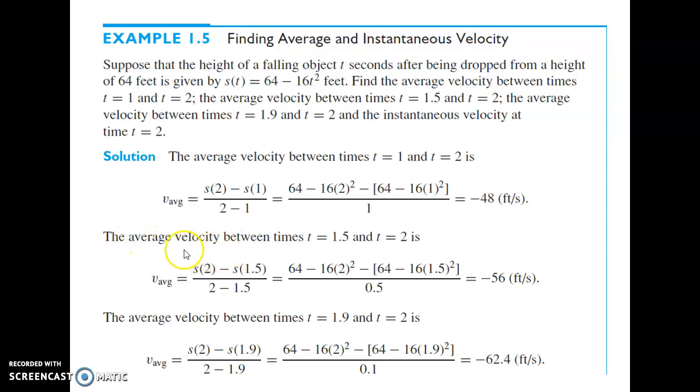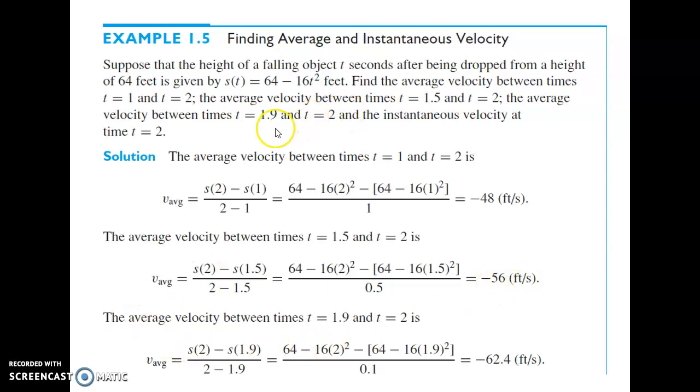The average velocity between the times, again instead of 1 and 2, we have 1.5 and 2. I will just substitute. The first point is 1.5, so here I substitute. Again I substitute these two here, and I get the answer minus 56 feet per second.